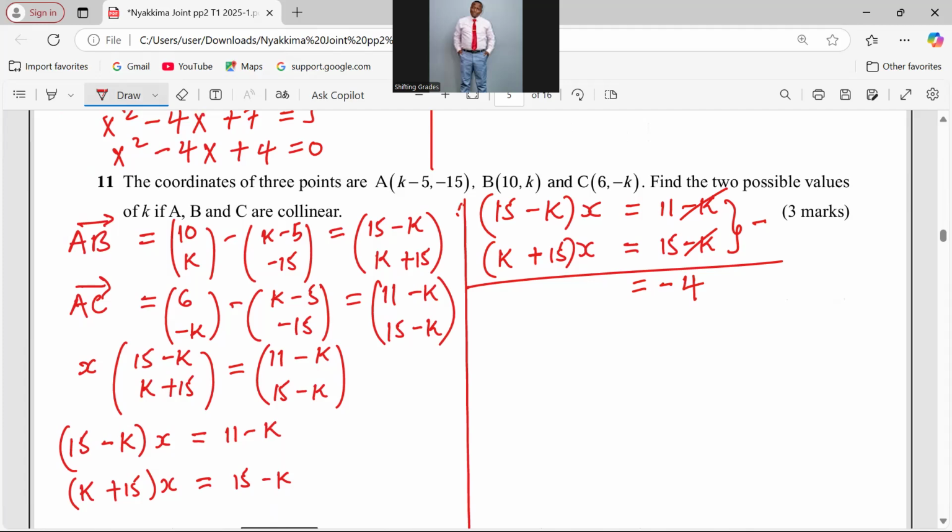For the components of x, we take 15 minus k, then minus k plus 15.